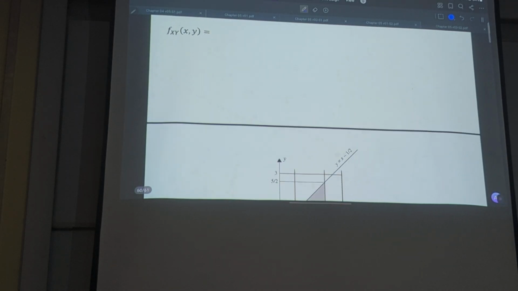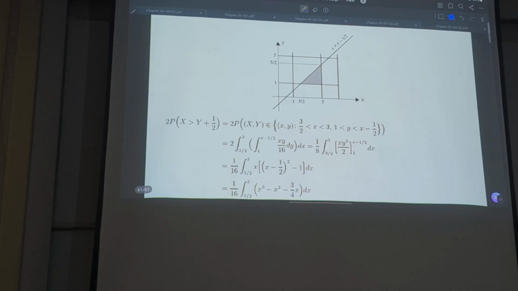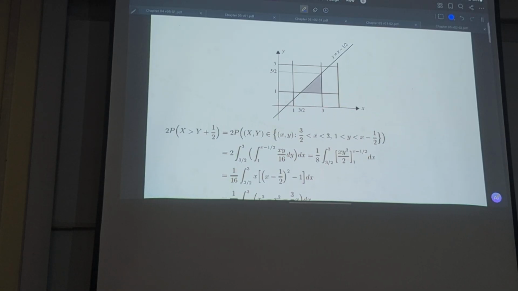Let's see what the book has done. Y is the inner integration, x is the outer. So we set the value of x. So what is the limit for x? It starts from here, 1 by 2 to 3.